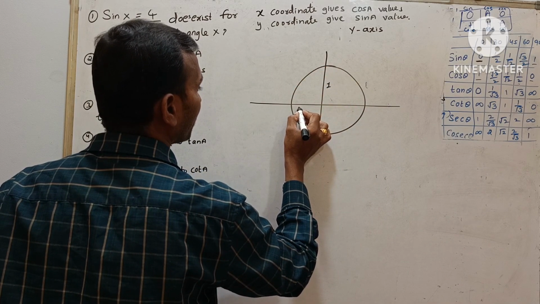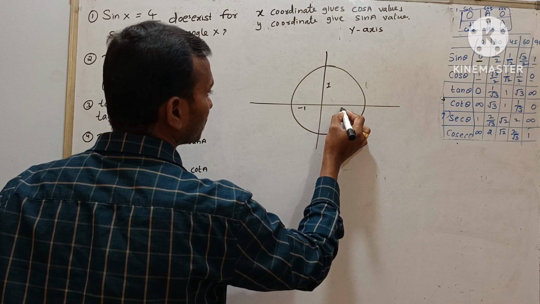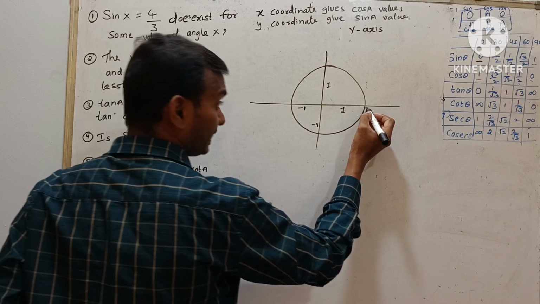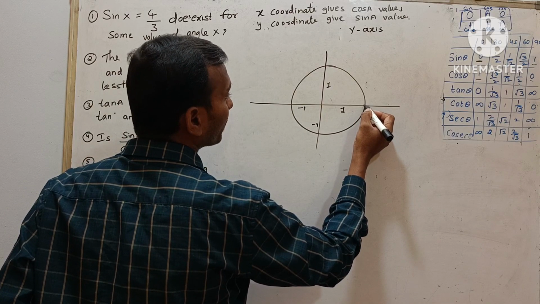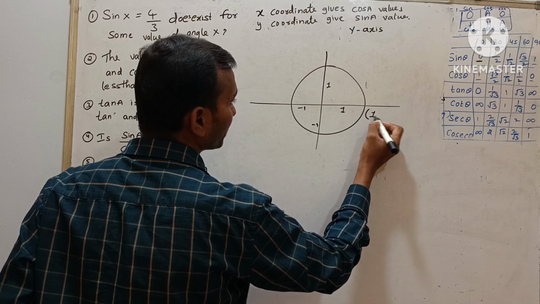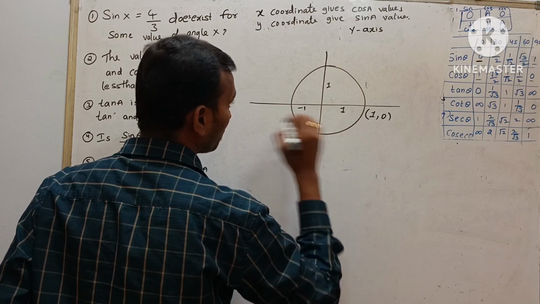Here negative value will be there, we know that. Here positive, here negative. So on x-axis, y coordinate becomes 0. That's why it becomes 1 comma 0.